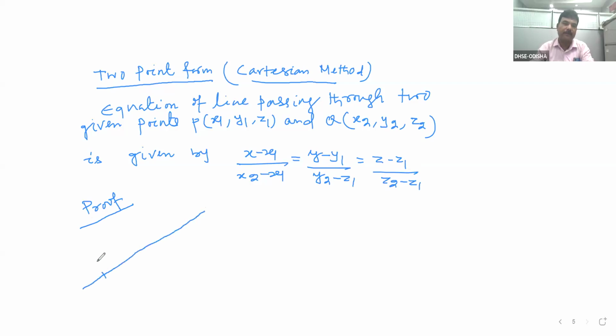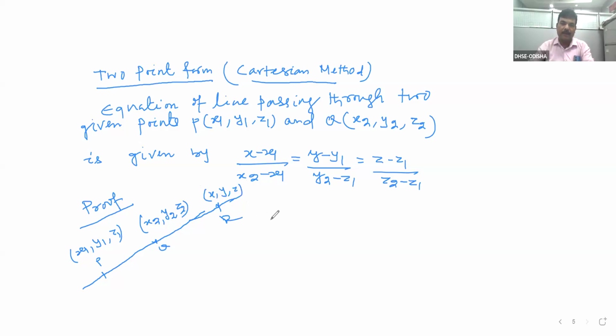This is point P having coordinates x1, y1, z1, Q having coordinates x2, y2, z2. Let R(x, y, z) be a general point on the line.